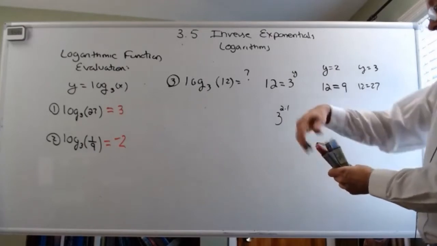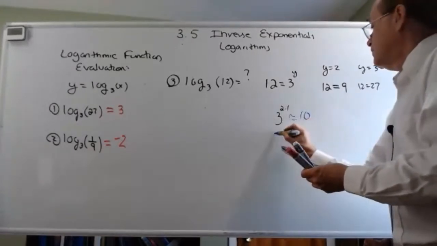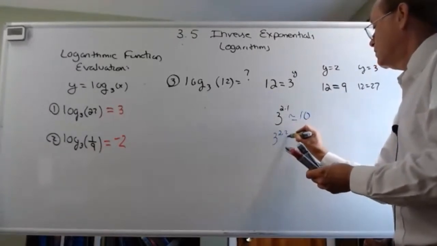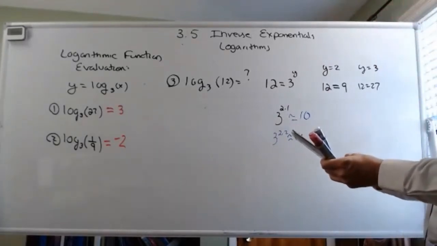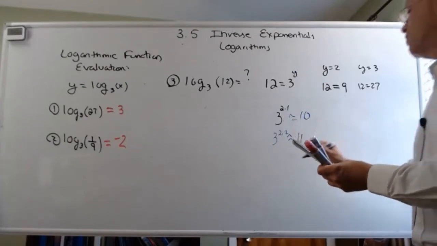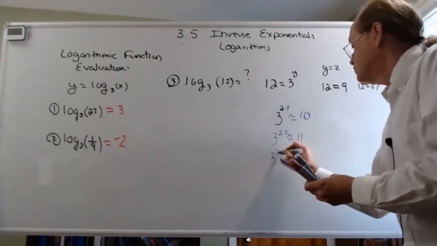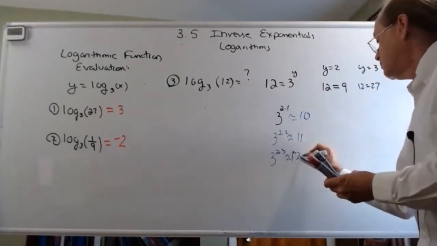So 3 to the 2.2 is approximately equal to 11. Let's do 2.3. So 3 raised to the 2.3 power, I get 12.5. So 3 to the 2.3 is approximately 12.5.